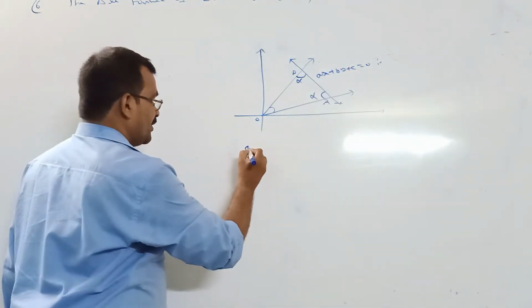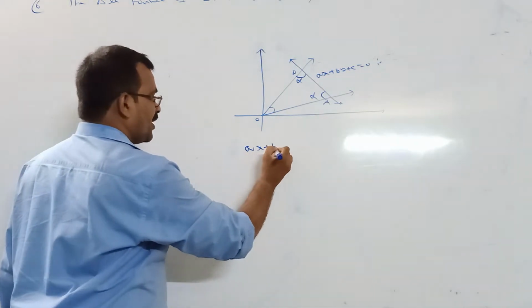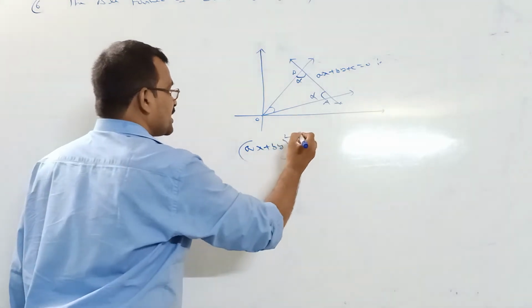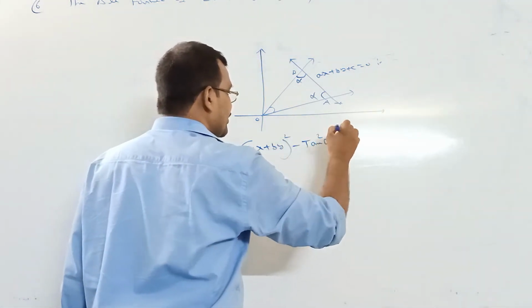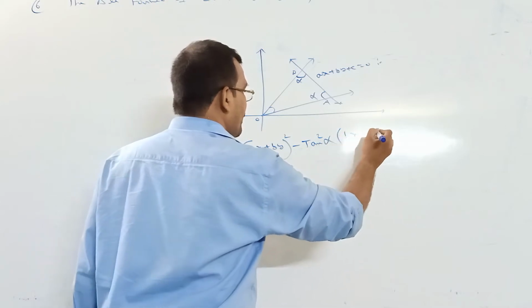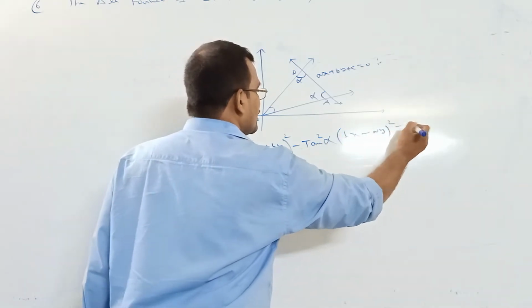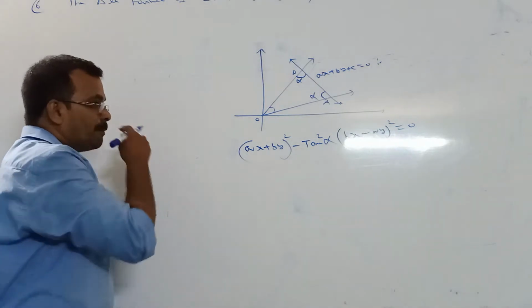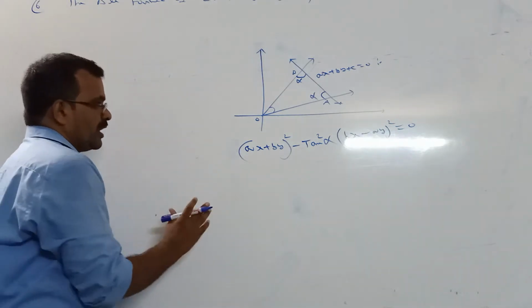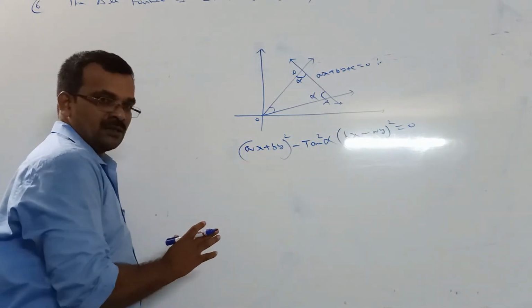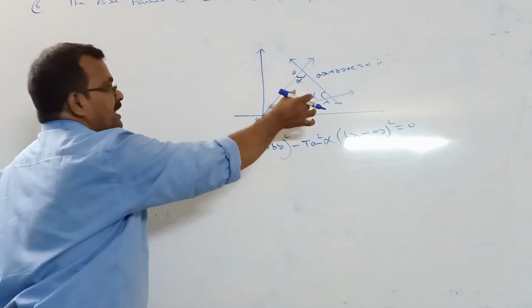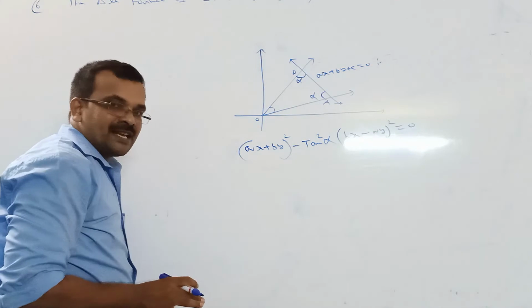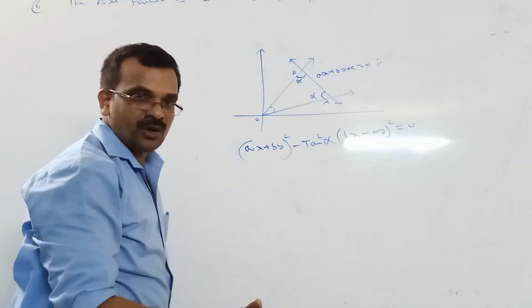Then your standard formula is (ax plus by) whole square minus tan square alpha into (bx minus ay) whole square equal to 0. By process, you have to find this equation. This is the equation of the pair of lines which are passing through origin and making equal angles with the given line ax plus by plus c equal to 0.